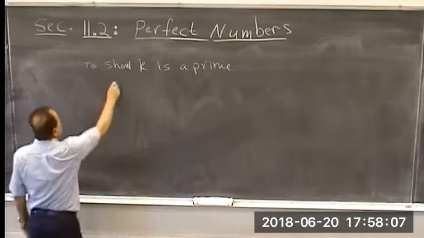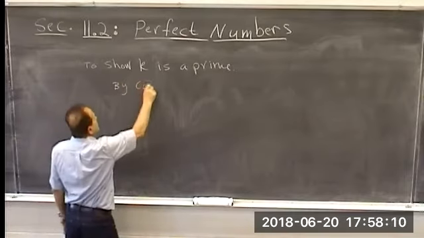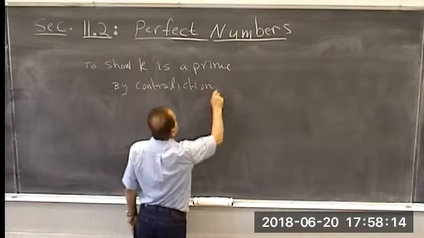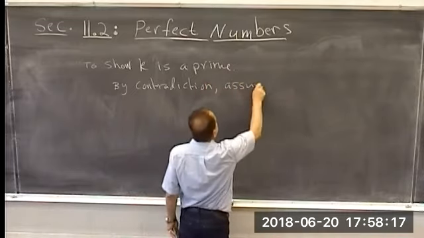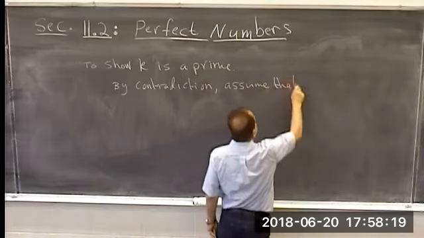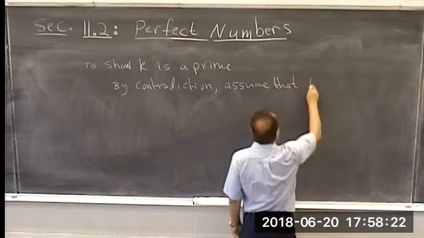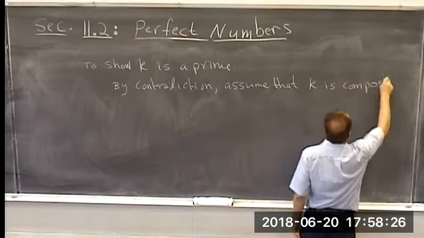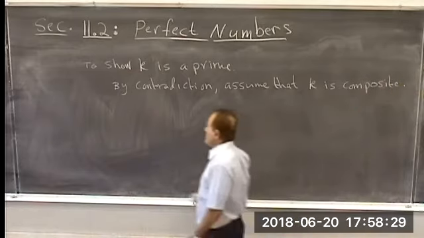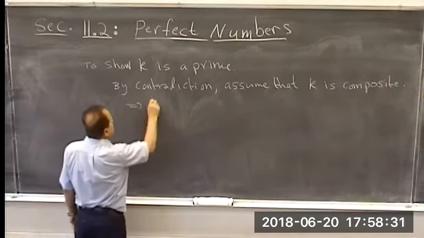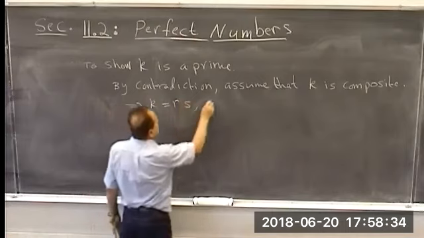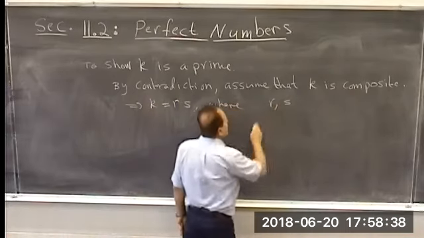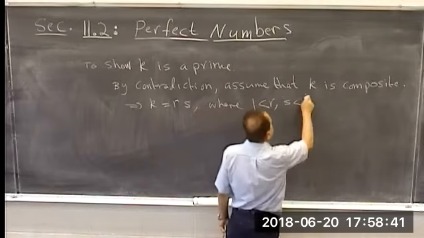So by contradiction, let's assume that k is composite. And this means we can write it as k equals r times s, where both of these are bigger than 1 and of course less than k.